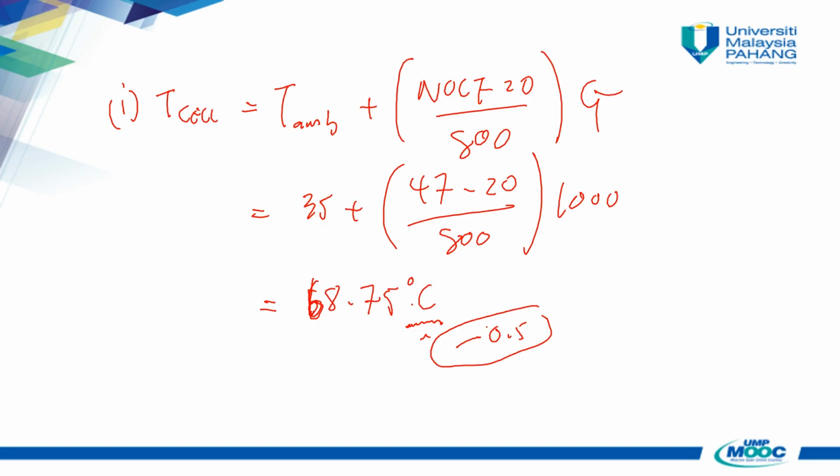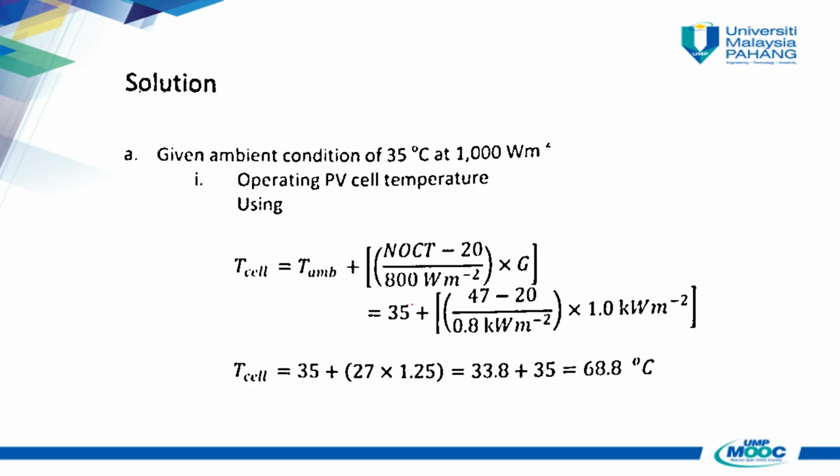Izzuddin, dapat tak? You dapat. Okay. Even though this one is written like this, this is the schema lah. The schema. But for me, I don't like. My preference is 4 decimal places.